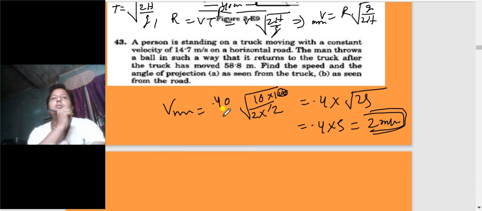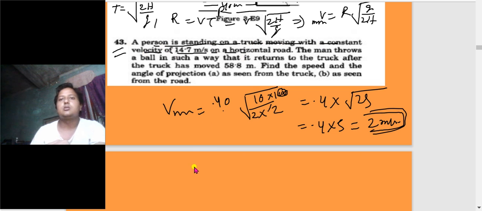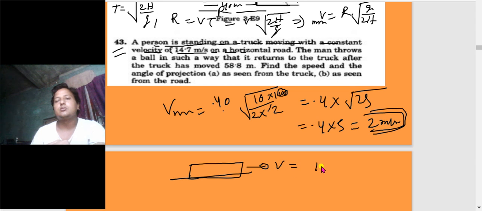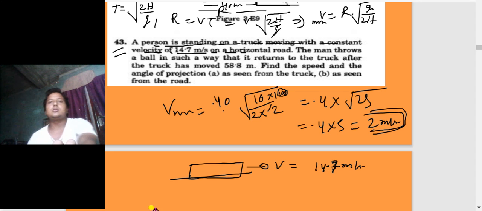Now question number 43. A person is standing on a truck moving with a constant velocity of 14.7 meter per second. The man throws a ball in such a way that it returns to the truck.